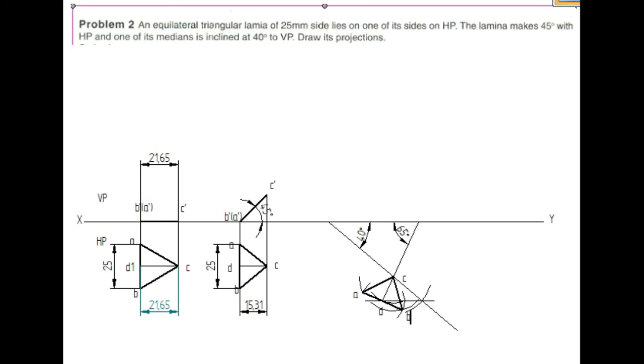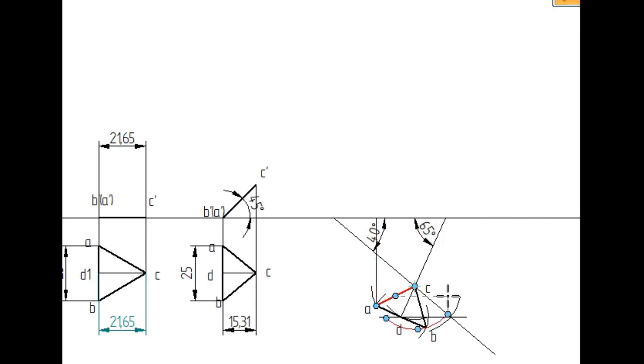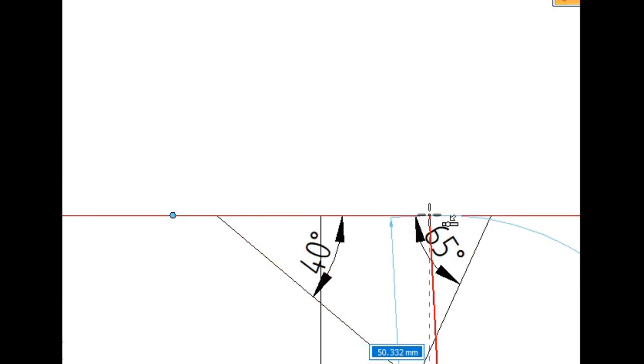Now extend the projection lines. Point A is here, A dash is here, so I will extend the line up to the xy line. Similarly, point B is here, B dash is here, so I will extend the line up to the xy line.